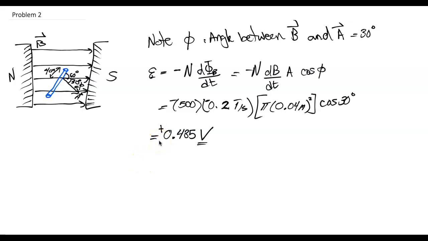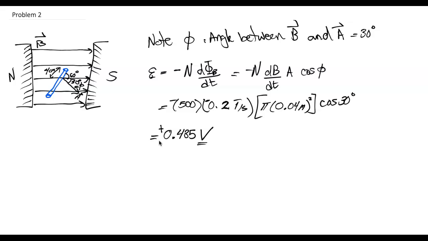This positive sign means that when we point our right thumb in the direction of the A vector, the direction of the induced EMF has to be that of our curled fingers of the right hand.